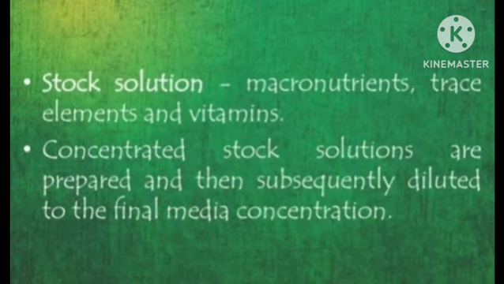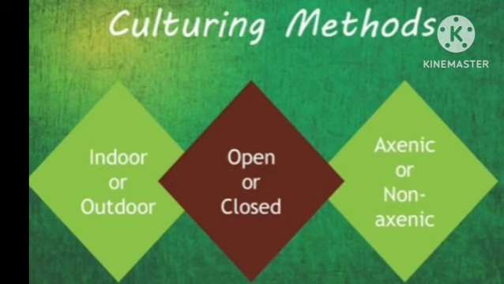And next, culturing methods. So what are the culturing methods? Indoor and outdoor. Indoor is a lab-controlled environment using artificial light and controlled temperature, good for research and pure cultures.